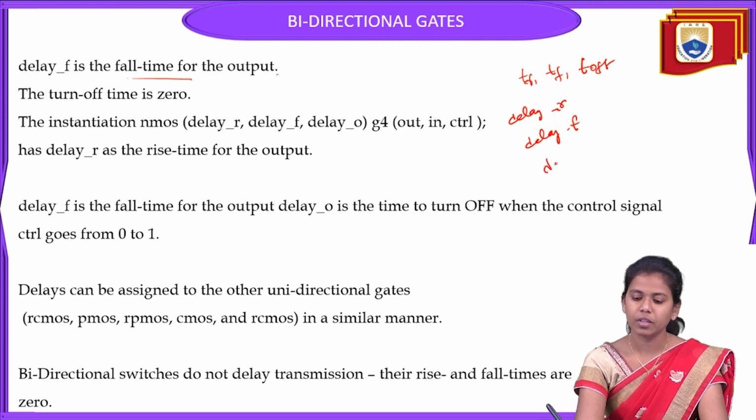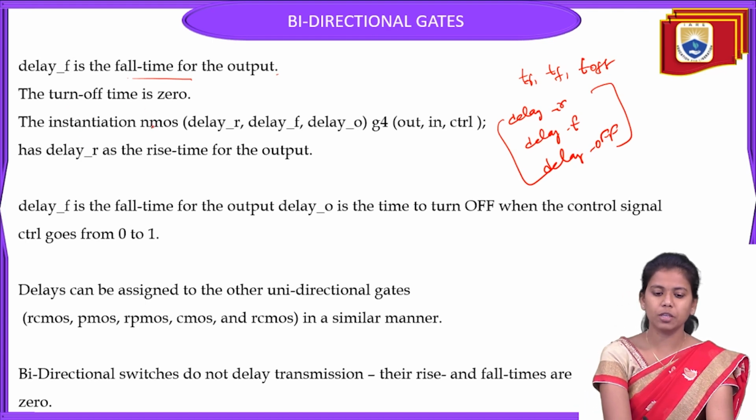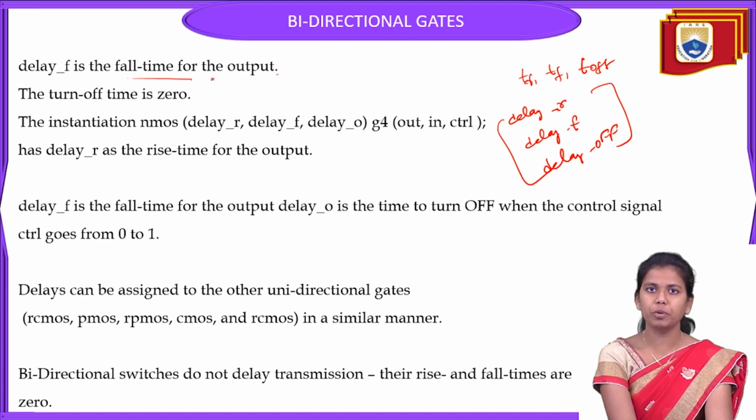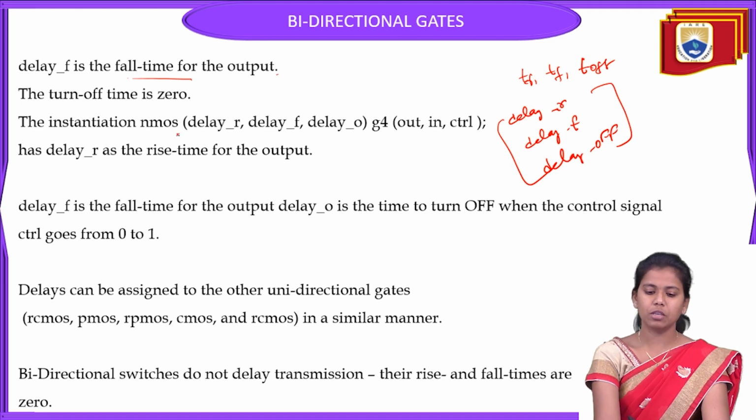If it is the off time, the delay with respect to off is represented like this. When delay F is the fall time for the output, the turn off time becomes 0. So this is how the delays with respect to turn off time are represented.